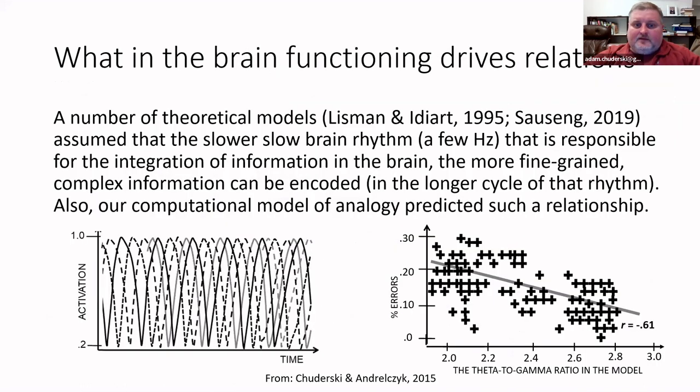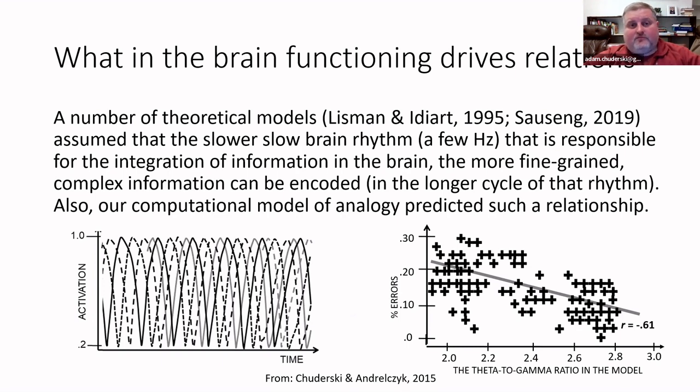So now, what in the brain can be correlated with processing relations? If even such simple relations are not easily processed by the brain, what in the brain can be responsible for that? And there are a number of theoretical models of working memory.